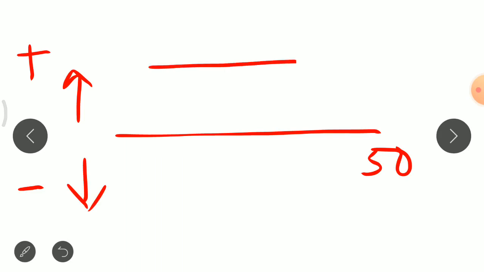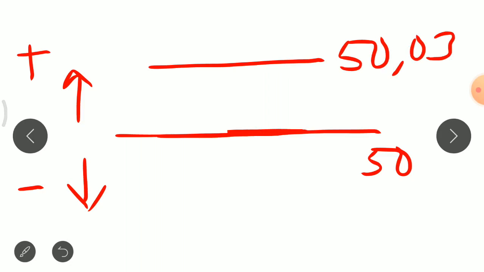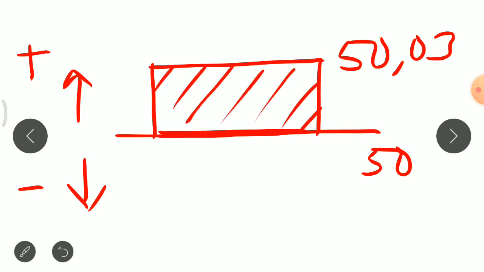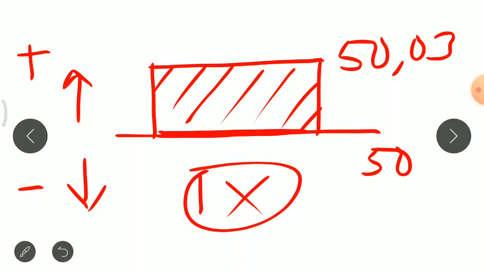The first line is 50.03 and the second line is on the basic line, that is at 50 mm, and when we join both lines, the zone indicates the tolerance zone. But the important point here is that neither line is in the negative zone. So this type of tolerance is called unilateral tolerance, that means it is in only one zone.